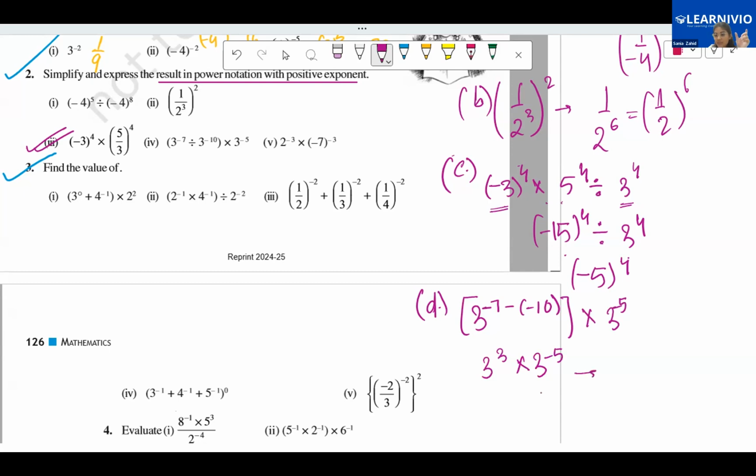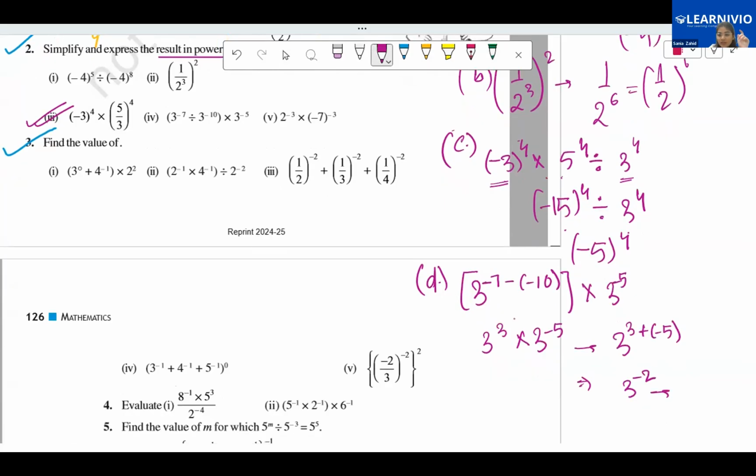Same base, different powers multiplied, so add the powers. 3 to the power 3 plus minus 5 becomes 3 to the power minus 2. You don't have to leave your answer in negative notation, so you will write 1 by 3 whole power 2.